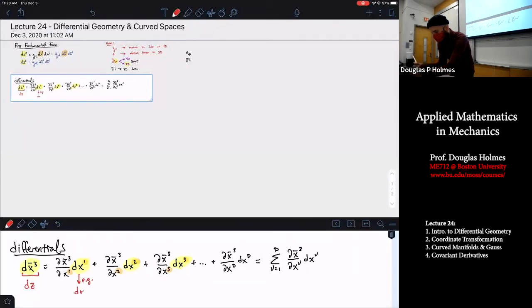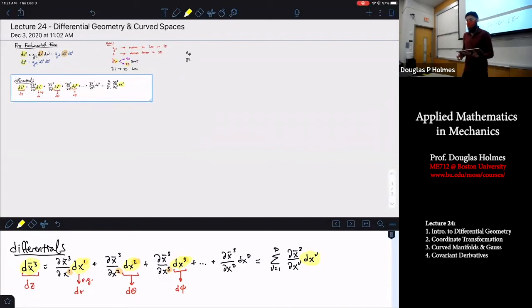This could be like dr, this could be d theta, this could be d phi if we're living in spherical. And we want to go from spherical to Cartesian. And therefore, we know how to take my dx3 and write it in the barred system in terms of the sum of the differentials in the other system.